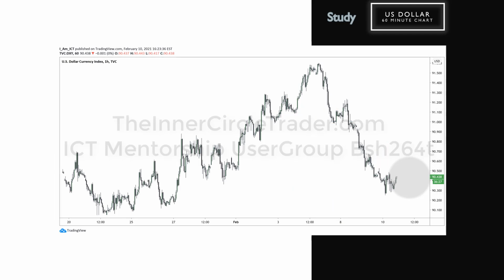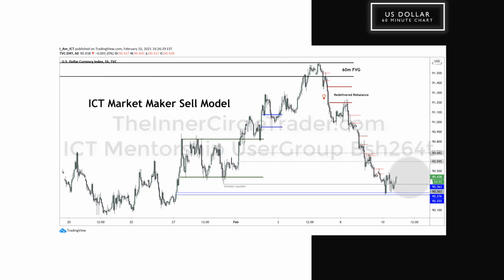All right, 60-minute dollar index. All right, so you have a 60-minute fair value gap in here that you can find on your own chart. That's your homework in here.